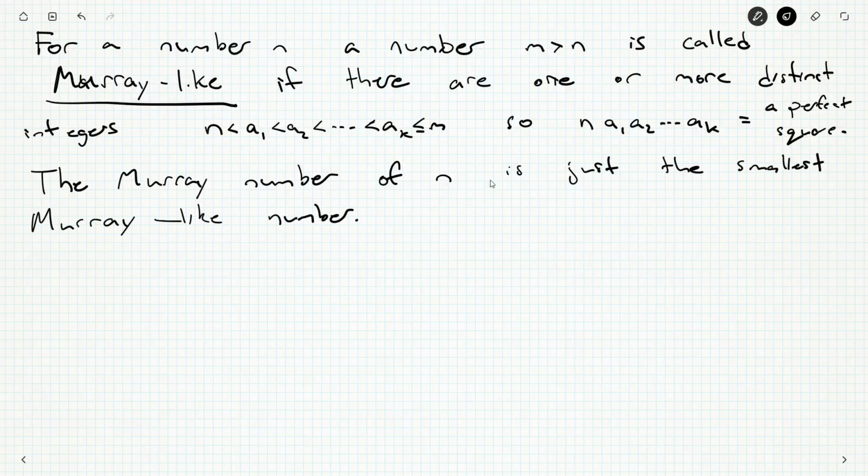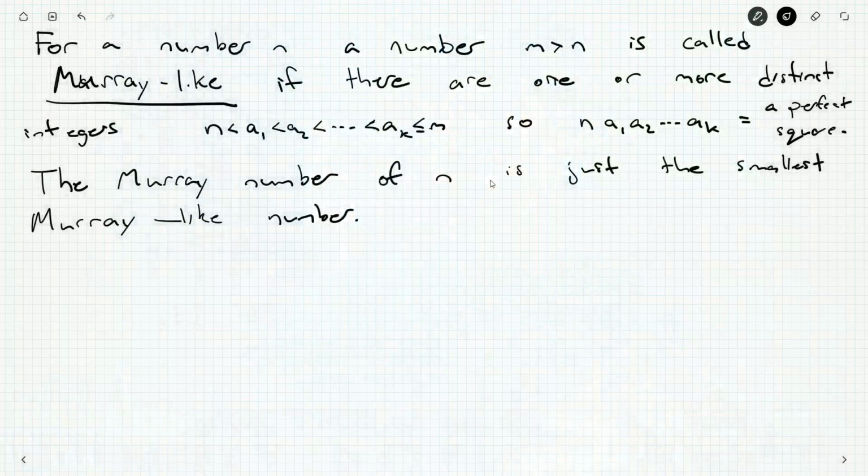Okay. So, this is my understanding of how Murray numbers work. And now I can talk about numbers that satisfy the condition of being a Murray number, but aren't the smallest. So these are my Murray-like numbers. I don't know if this is actually going to be useful, but it helps me organize my thoughts. Okay, maybe we'll need to talk about Murray-like numbers.